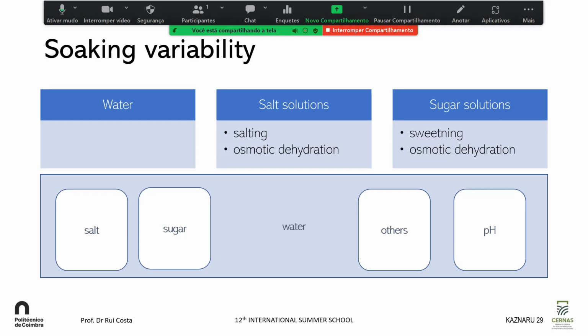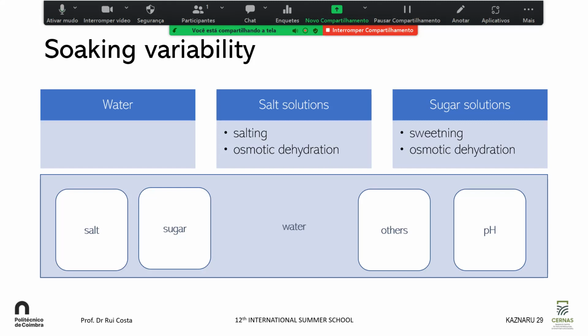The same with sugar solutions. If we use sugar solutions, we can add a little bit of sweetness. But if we use sugar solutions, for example, in fruit, we will extract water. And so that's what we call osmotic dehydration.